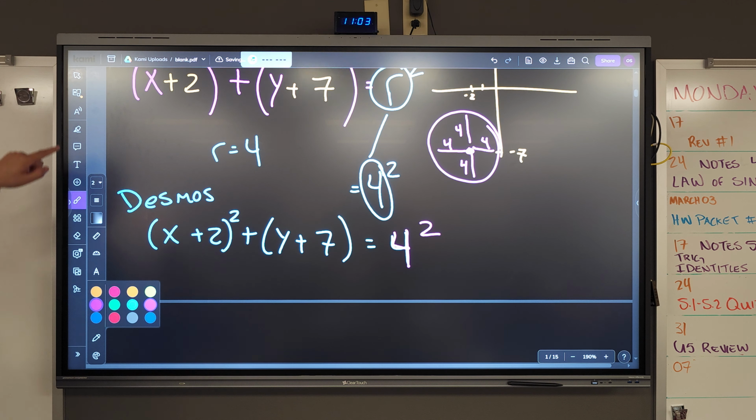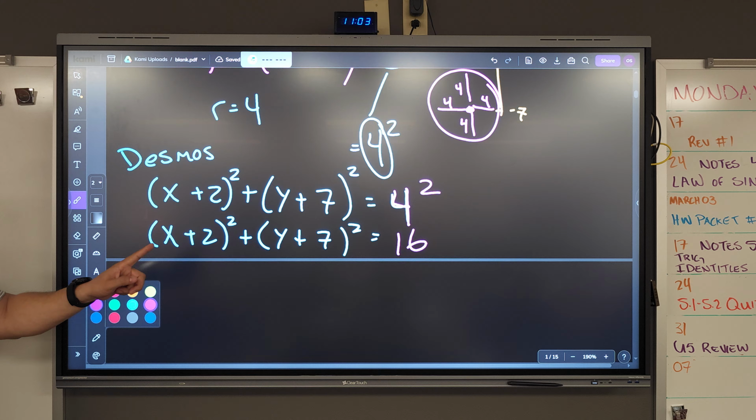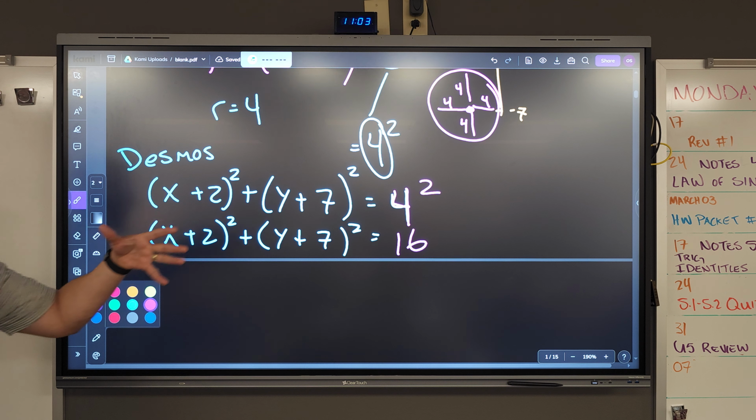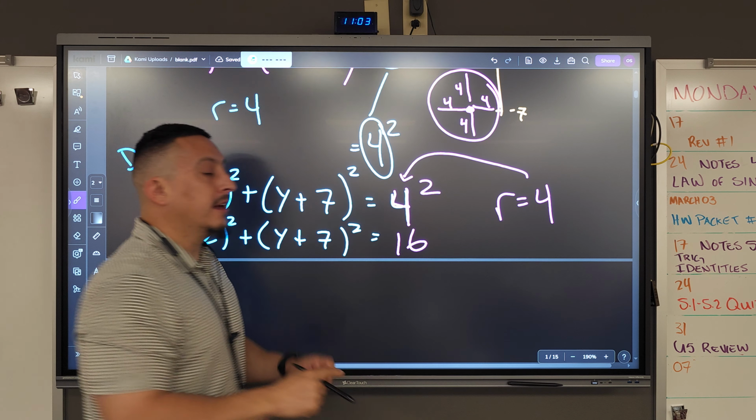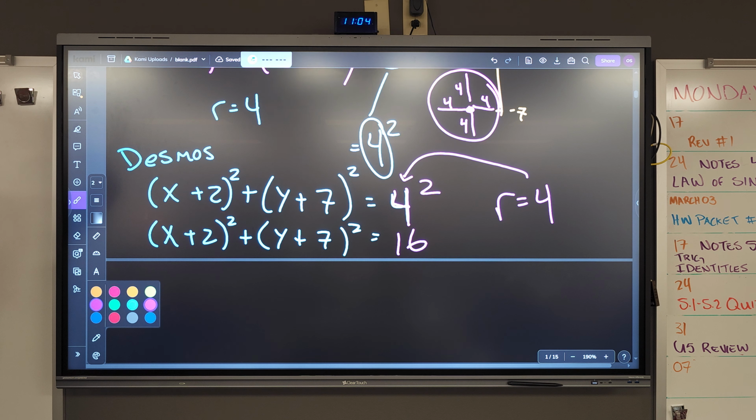Oops, I forgot the square. 4 squared is really just 16. So I could plug it like this or like this. But the one that tells me my actual radius is if you write it with that radius squared. Does that make sense? Okay.